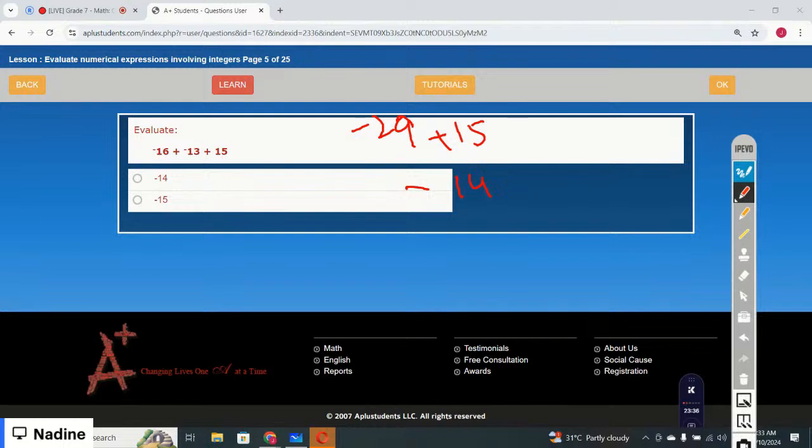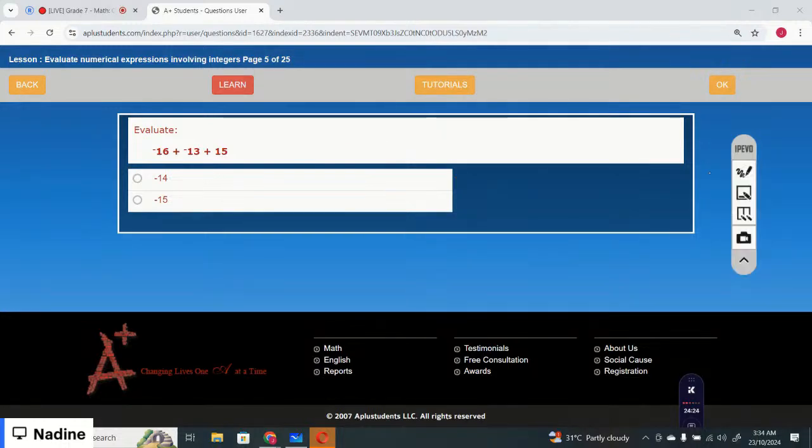So the correct option is option number 1, that is negative 14. Got it?